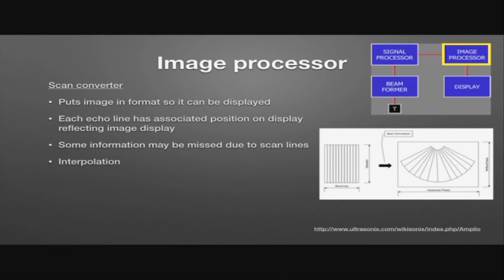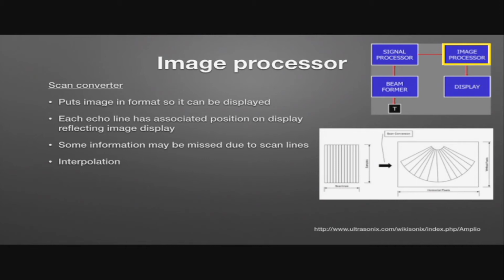What the image processor is doing here is taking in that information, which is probably in more of a linear format, and it's telling the computer, depending on what kind of probe you're using, for example, using an echo probe, that we've got that sector format appearance on the display. And it's saying that if I've got a particular line of sight, it's related to this particular line on the display, as you can see on this image on the bottom right.